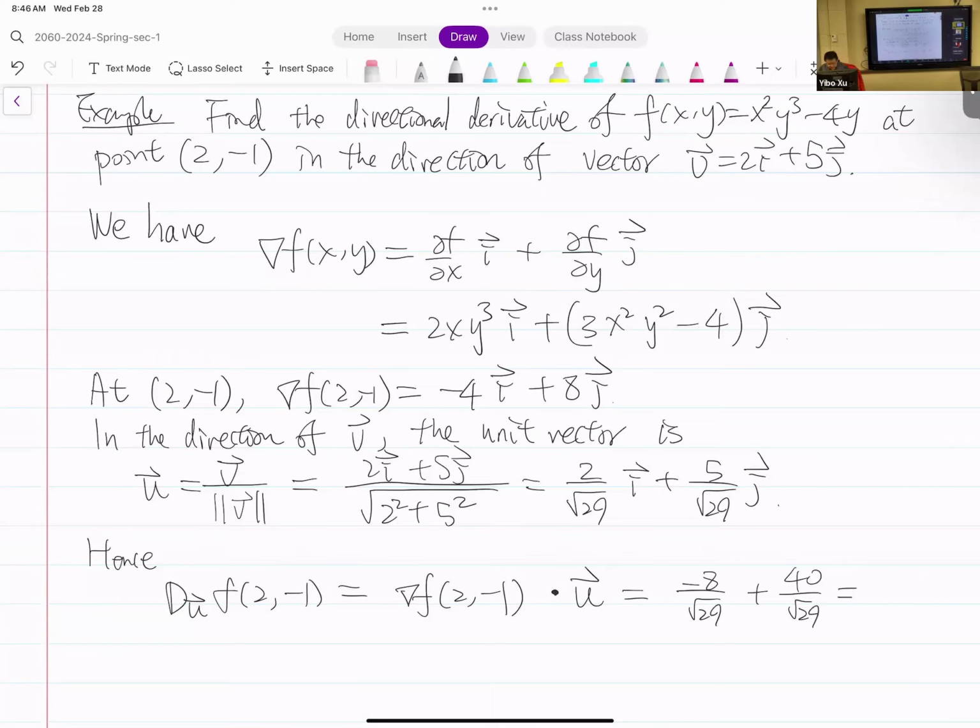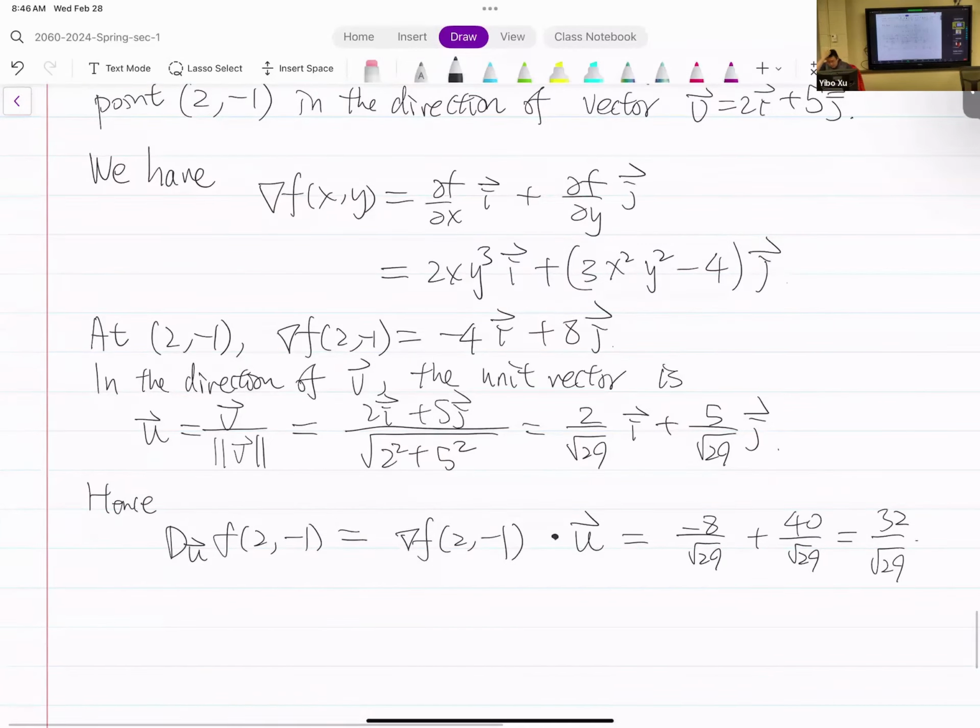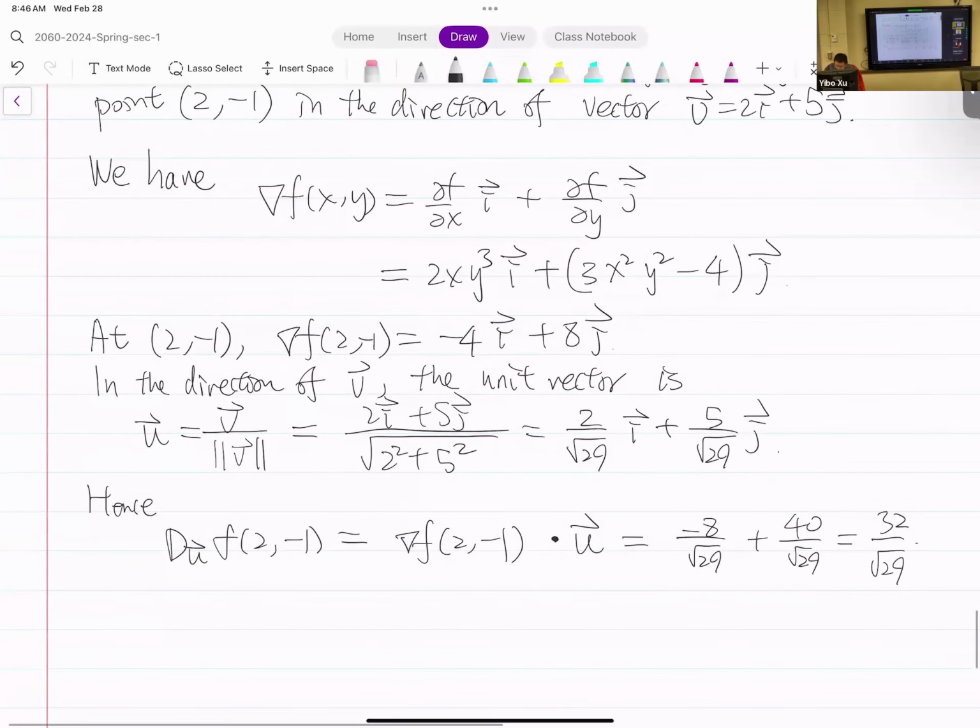Here we can just keep the radical in the denominator because it doesn't really affect anything. Once you do the dot, you will get that. So now we see that when we calculate the directional derivative, we don't really have to do the limit definition anymore. It's just a really systematic process.